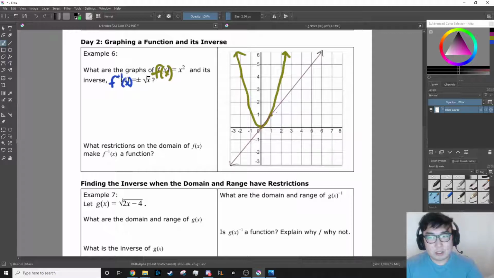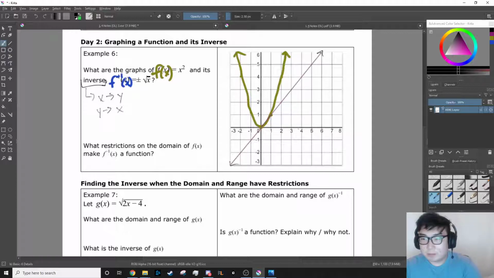Or you can just switch your x to your y, because remember, last class I told you that x's turn into y's and y's turn into x's if we see the word inverse. So it would become 1, 1, then let's do the left side first. 1, 1, then 2, -2, 5, so it'd be 5, 2.